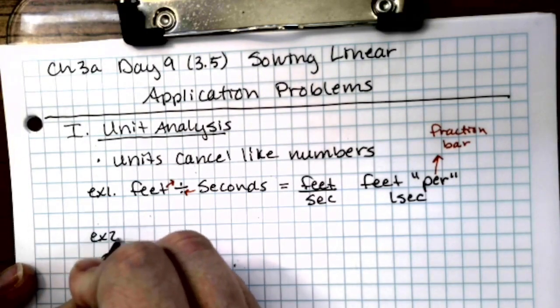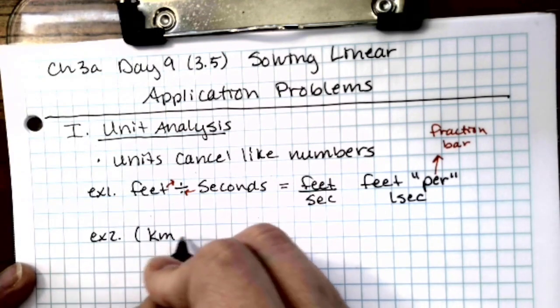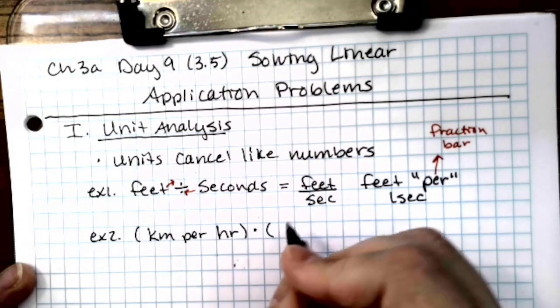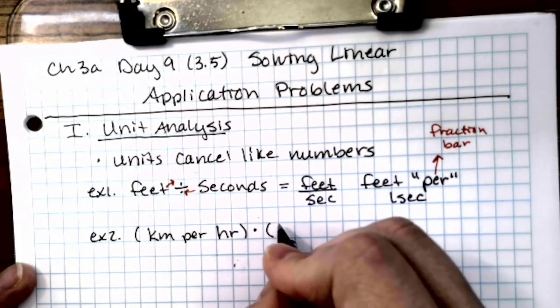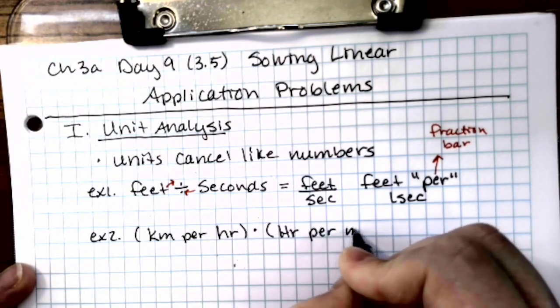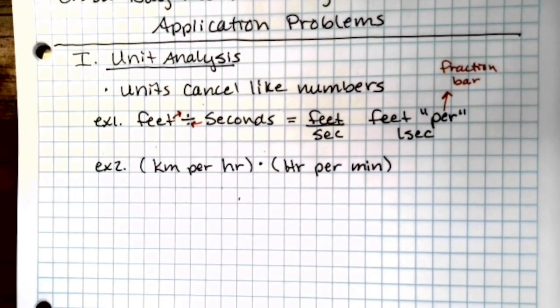Okay, so let's get into simplifying. Let's say that one of your amounts is in kilometers per hour, and then you're multiplying it by something in the units of hours per minute. And you need to simplify those units. The way you simplify it is start by removing the word per and creating unit fractions.